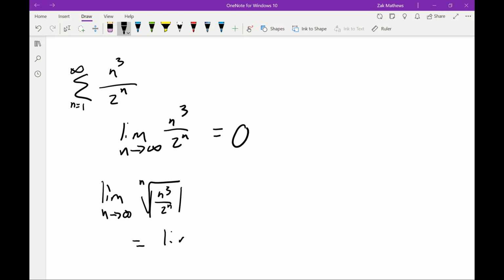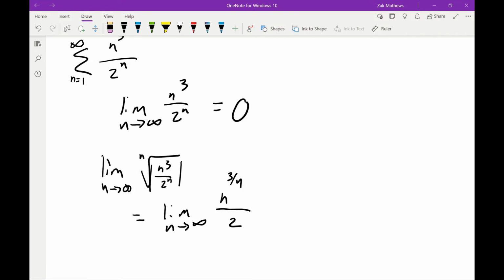But we can see that we're going to have n to the 3 over n over 2. Remember, we can always think about these roots as exponents. And so n was raised to the third power, and then it's to the 1 over n power for the root. 2 to the n, when we take the nth root of that, is just 2.